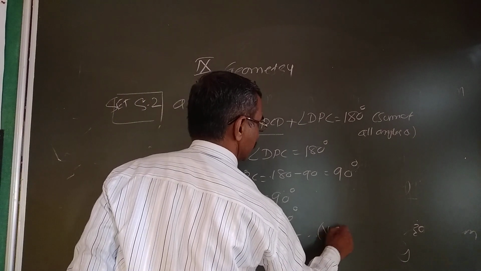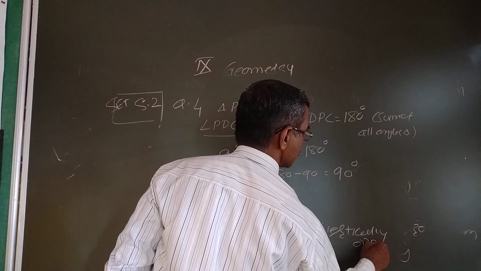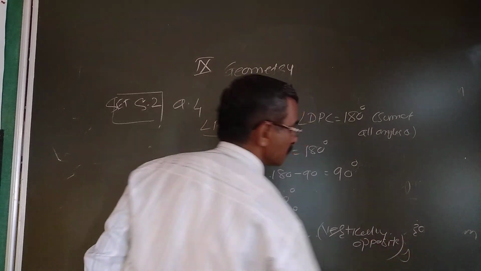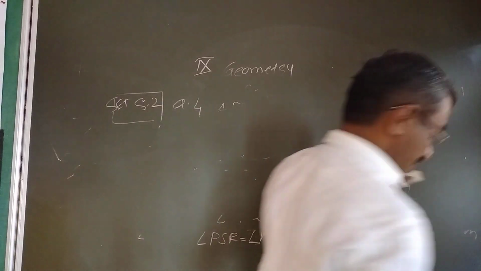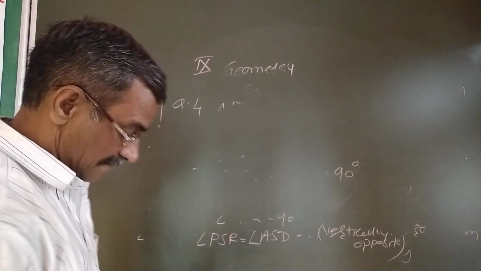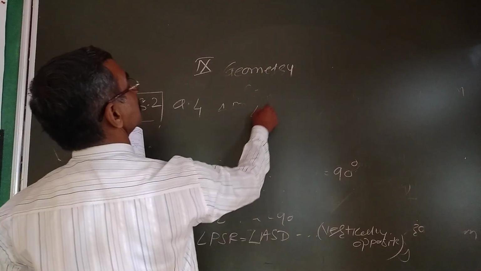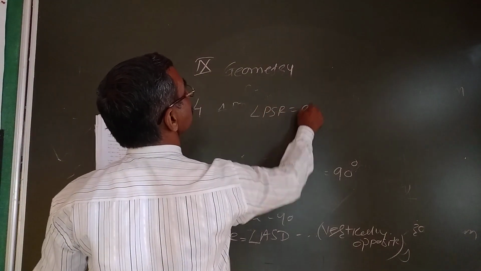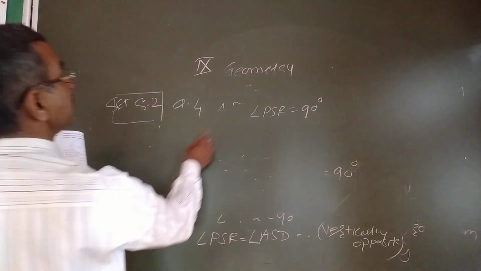Vertically opposite angles are congruent. So by using that, we get that angle PSR is also 90 degrees. So all these angles are 90 degrees.